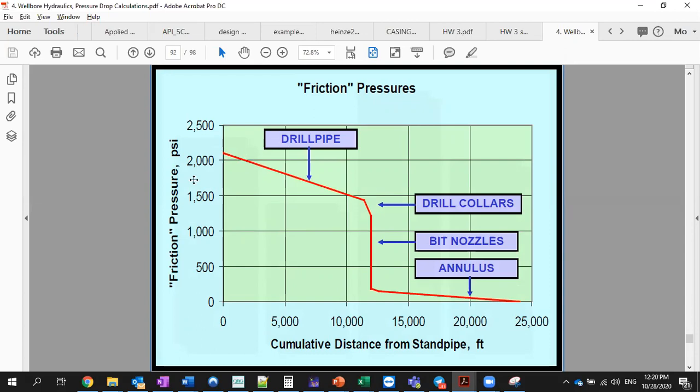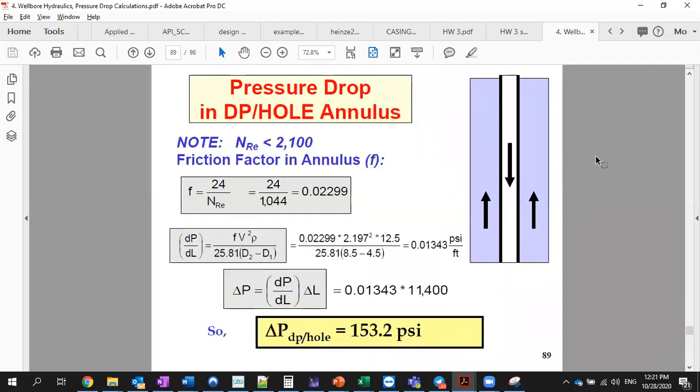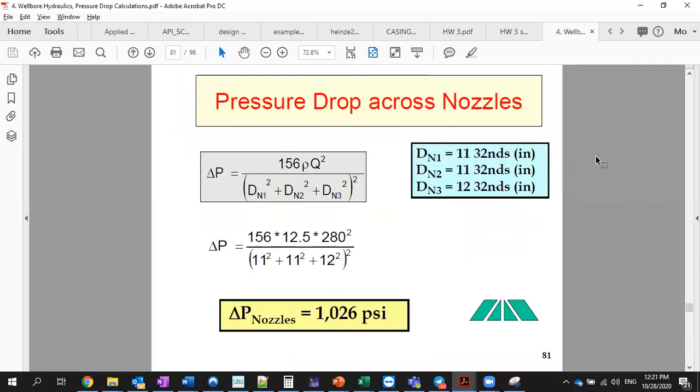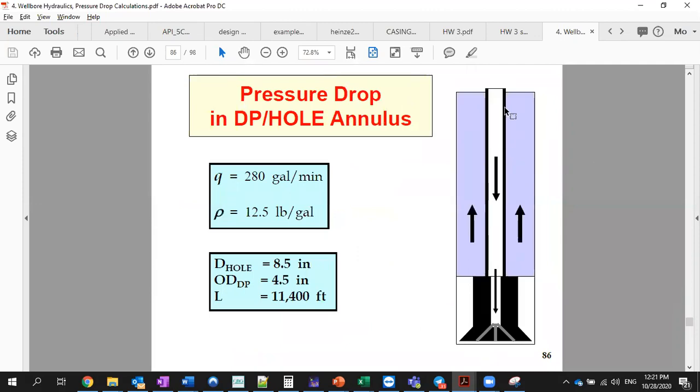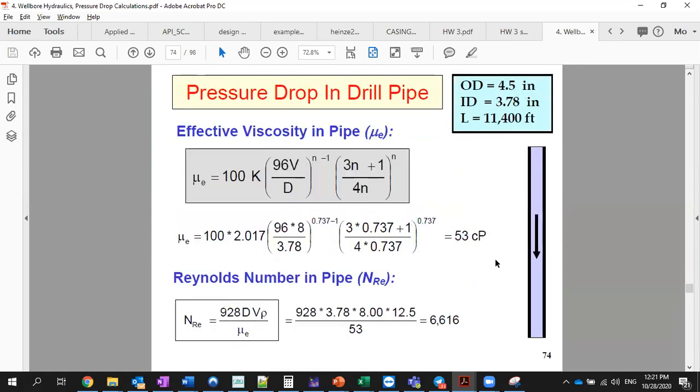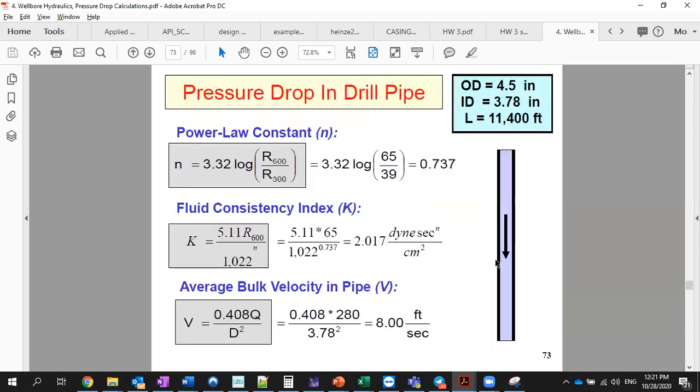Now, your fluid loses pressure as it goes down. How much it loses is based on how you calculate your pressure loss. Let's say you go into your drill pipe. Your fluid started here, so you will lose pressure just due to the friction here. We are talking just about the friction, not the hydrostatic increase. From there to here, you have friction with the wall of the drill pipe, and you calculated that pressure loss at the beginning of this example.